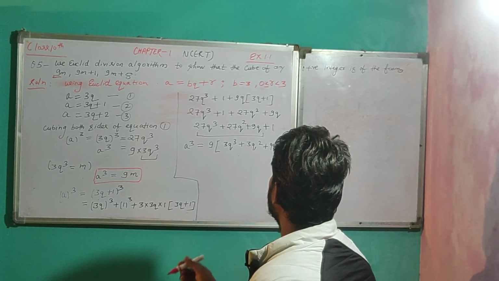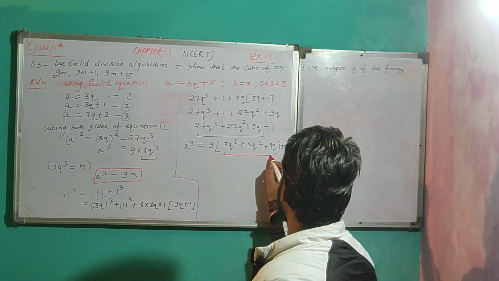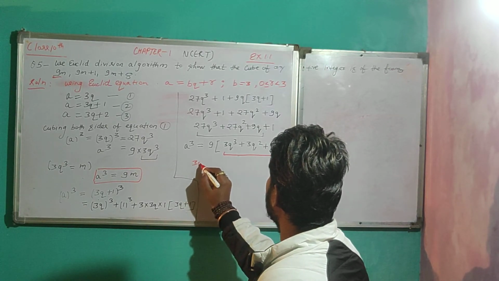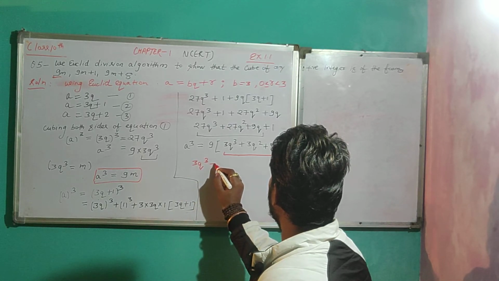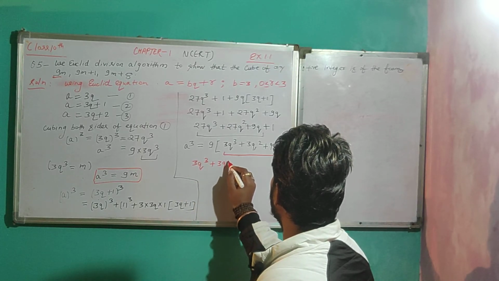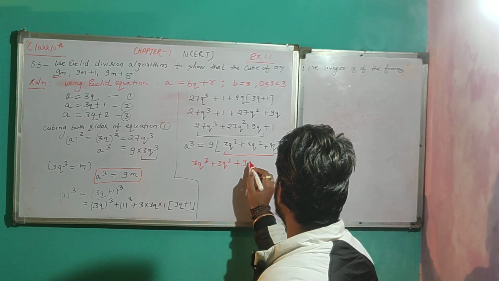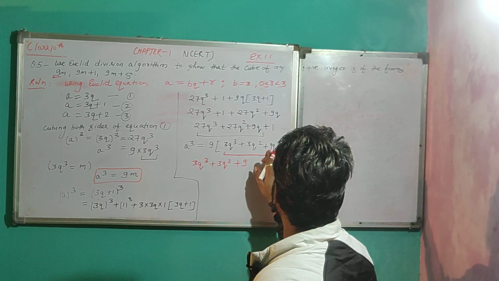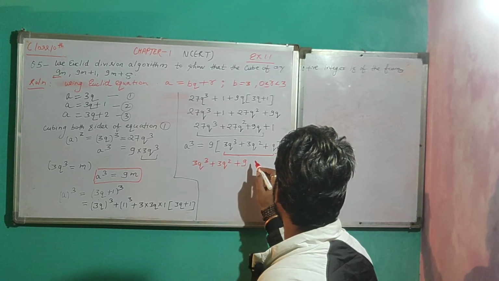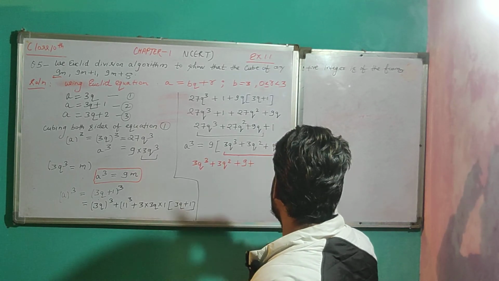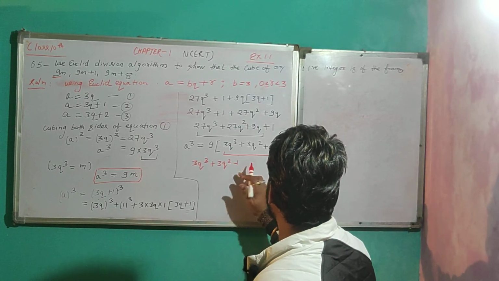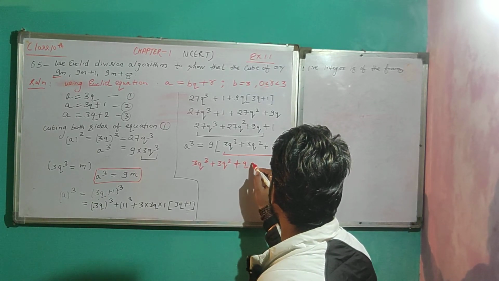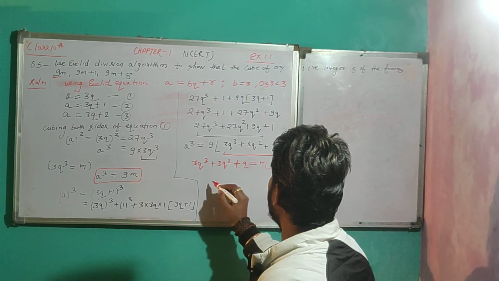Now assuming this 3q cube plus 3q square plus q is equal to m.